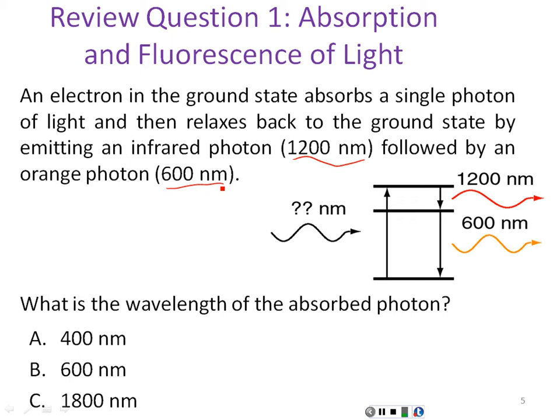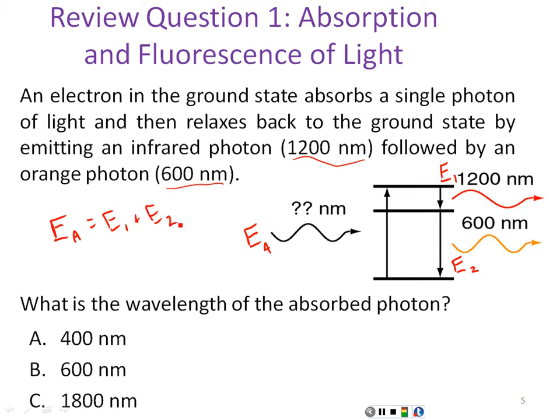To answer this, you have to know that the energy of the absorbed photon has to equal the energy of the first emitted photon and the second emitted photon. So we'll call that E absorbed. So E absorbed has to equal E1 plus E2.